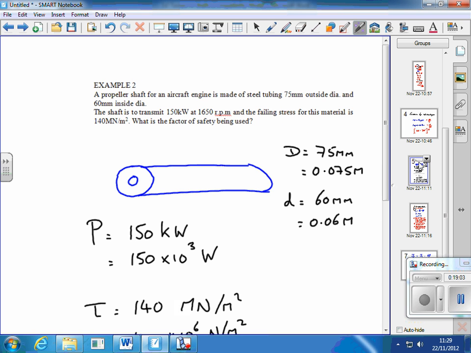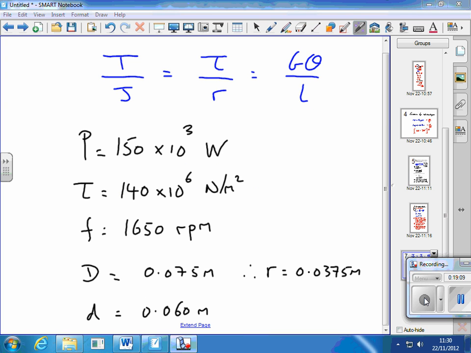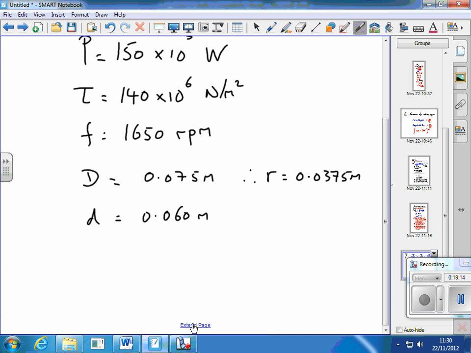So what we're actually asked to find here is, what is the factor of safety being used? So what are we actually after? The safety factor. We're after tau, the stress. So this is the maximum stress.